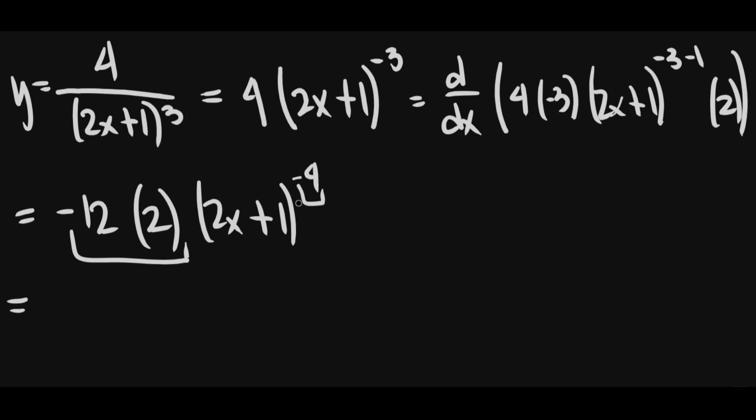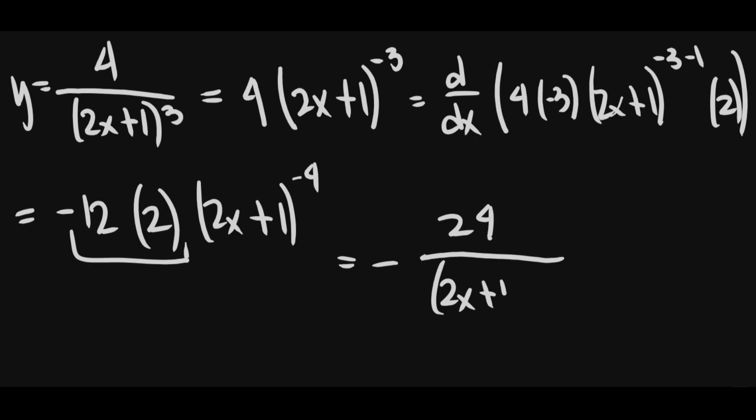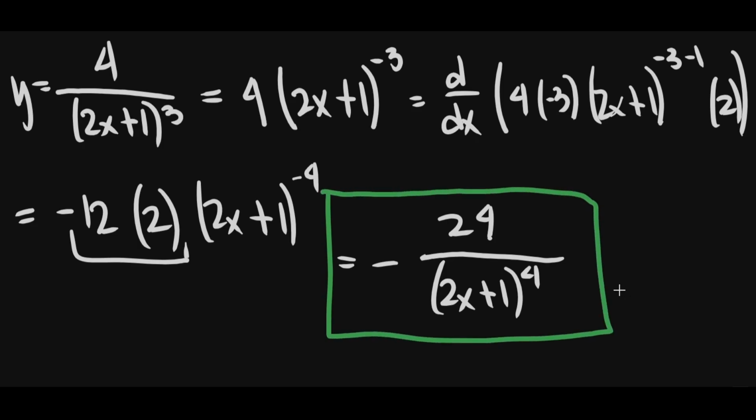So negative 12 times 2 is negative 24, all over 2x plus 1 raised to 4. Then that should be our final answer.